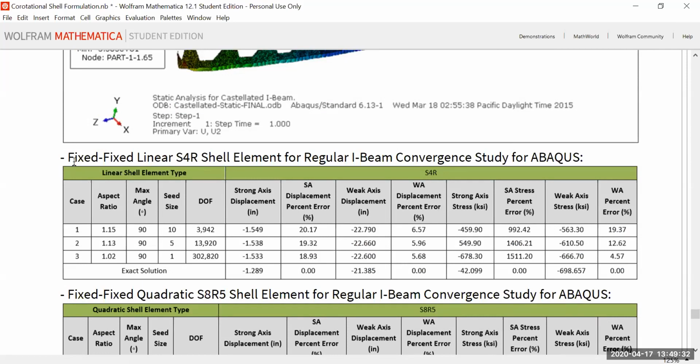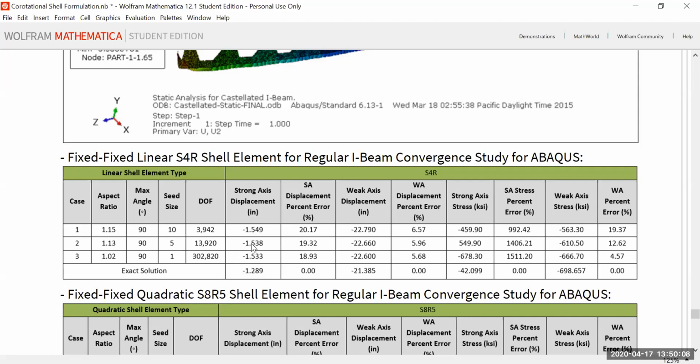And just to show the actual numbers for that, for the first one that you just saw, with this H refinement, what I did is I just increased the number of degrees of freedom. The displacements I got are relatively small for the strong axis and large for the weak axis, and they were relatively close to the exact solution, which I did calculate.